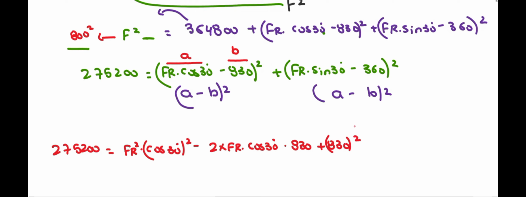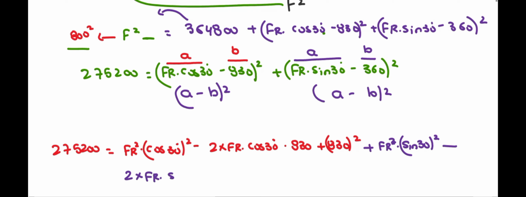Now again apply a minus b whole square to this expression. So FR dot sine 30 degree is our a, and 360 is our b. So with positive sign FR square dot sine 30 degree square, negative 2 into FR dot sine 30 degree dot 360, with positive sign 360 whole square.